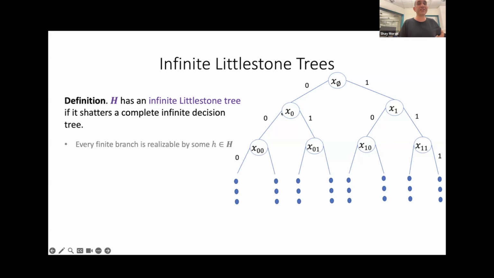If we restricted the tree so that in every layer we have the same X, so X0 equals X1, and here X00 equals X01 equals X10 equals X11, then you get the classical definition of shattering, like in the VC case.